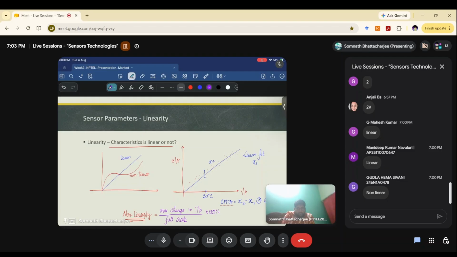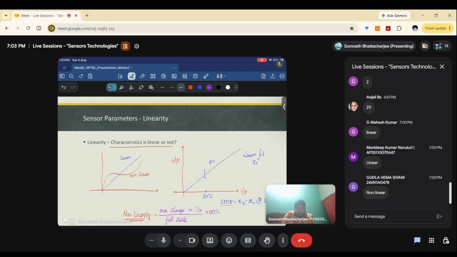But this is when we are increasing the heat. Let's say at a point 50 degrees centigrade, this is at this, and this is at 100 degrees centigrade. So at 50 degrees centigrade, we know that the value is this, right?